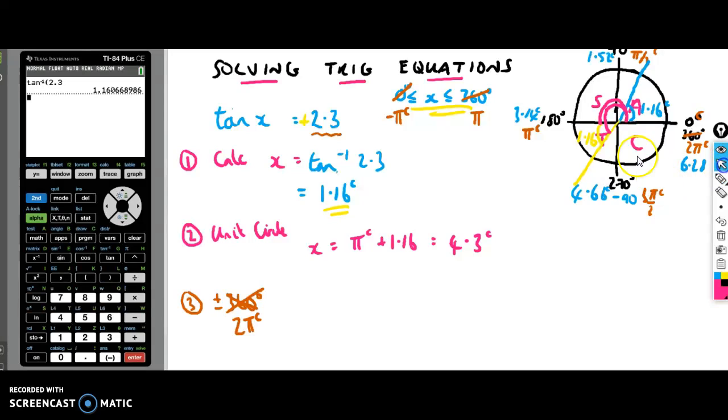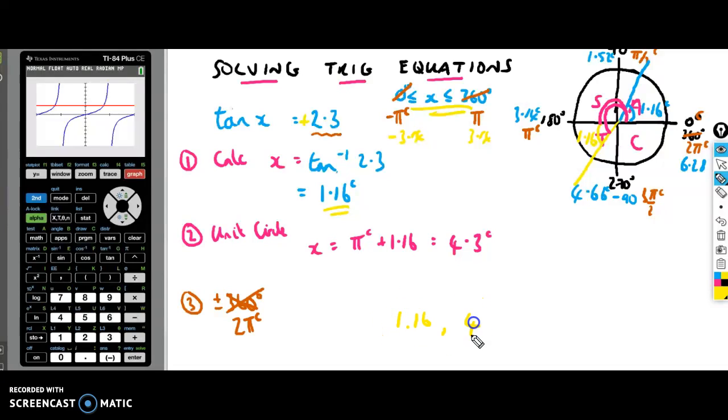Now those two answers would normally be perfect. And in fact, on the graph, that is correct. It's just off the graph over here at 4.3. But we only want it between pi and minus pi. And don't forget, those two values are really minus 3.14 and 3.14. So this one's no good. So we've got two options. Option 1 is just to put them down: 1.16, 4.3.